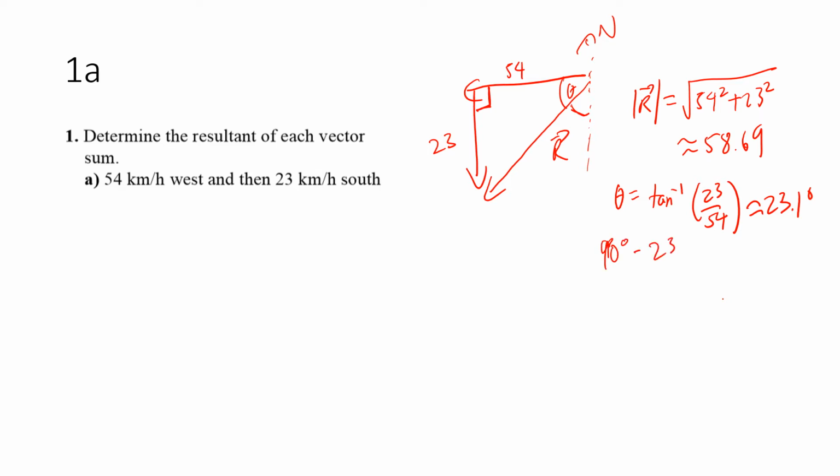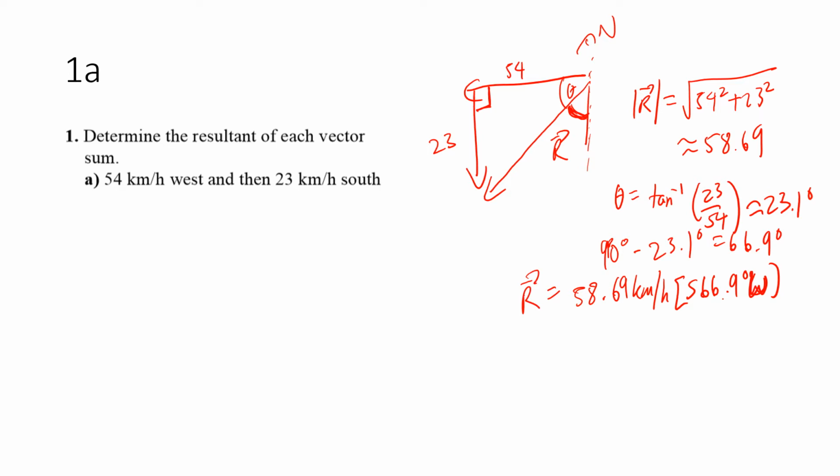That's 66.9 degrees. So if this angle from due south to here is 66.9 degrees, then the bearing would be south 66.9 degrees west, right? And our magnitude is 58.69 kilometers per hour.